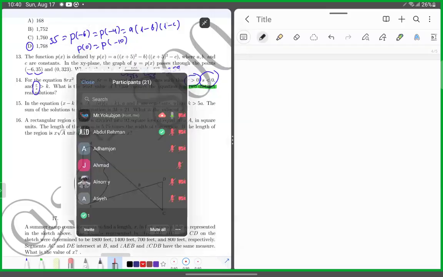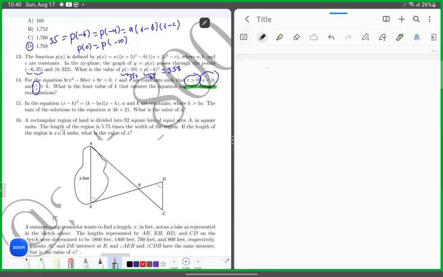First, let's say I will show this problem on paper: x minus k squared equals k minus 5a times x minus k. It is obviously a quadratic equation.